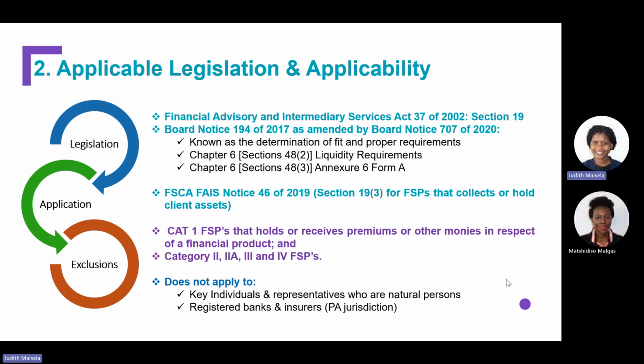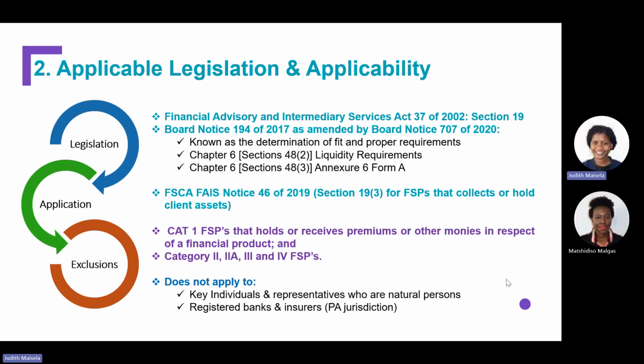This is also known as the determination of fit and proper, and we will be using those words interchangeably. We will be looking into section 48, subsection 2, which deals with liquidity requirements. And we'll also be looking into section 48, subsection 3, which looks into the Annex 6 Form A liquidity declaration form. Further to that, we'll look into the FSCA FAIS Notice 46 of 2019, which talks about the Section 19.3 report for FSPs that collect or hold client assets.